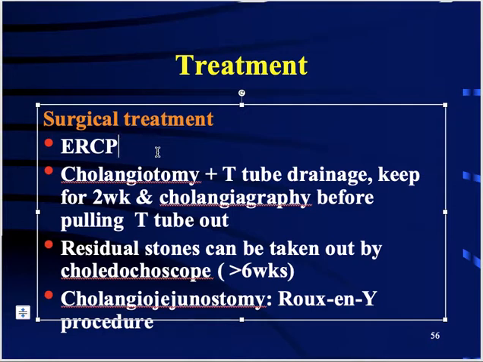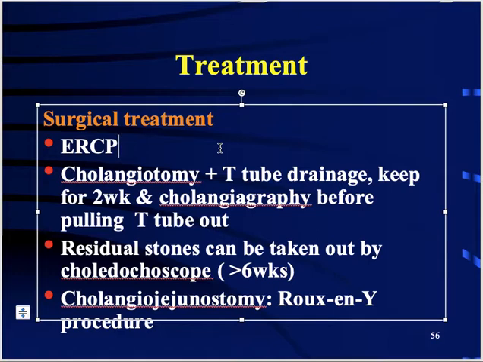Okay. One of the things is that when we manage the patient by ERCP and sphincterotomy, half of the patients have recurrent symptoms of biliary tract disease if we do not perform a cholecystectomy. Cholecystectomy is, of course, taking out the gallbladder. In the previous lecture, we talked about that.